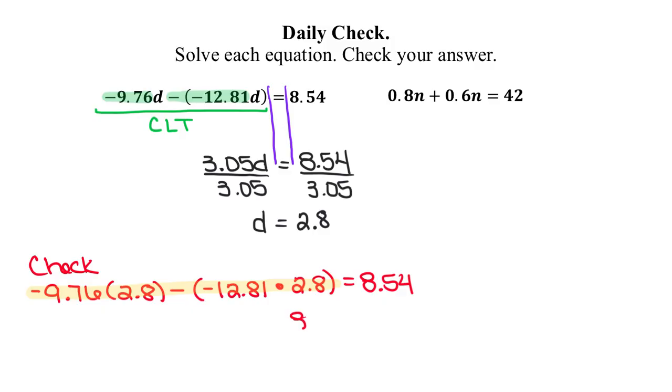Okay, the left side becomes 8.54. That's equal to 8.54. So you've just checked your answer to be correct. If you got a statement that was not equal to each other, you have an error in your problem. Okay? And you always want to check your original problem.